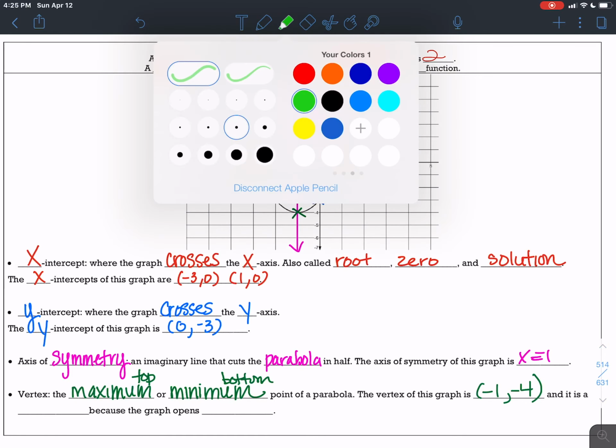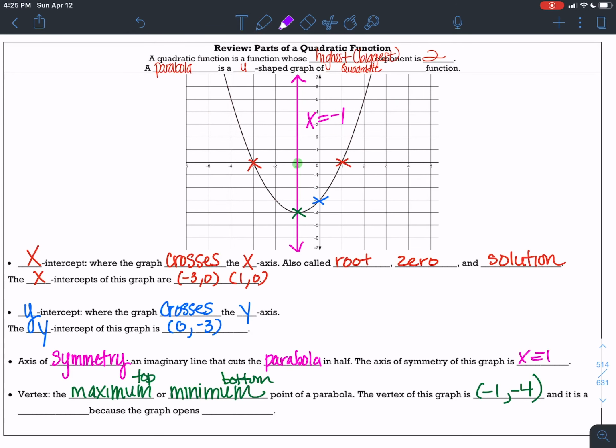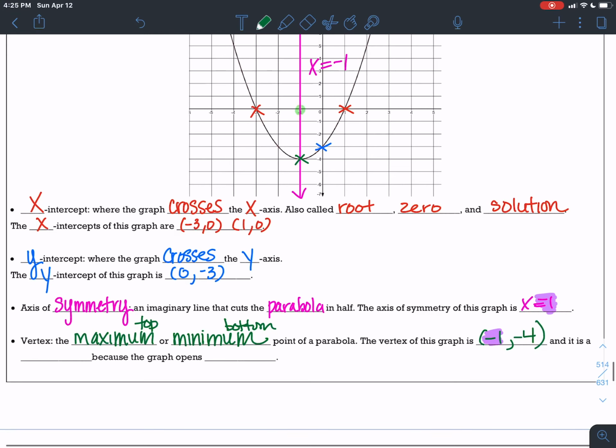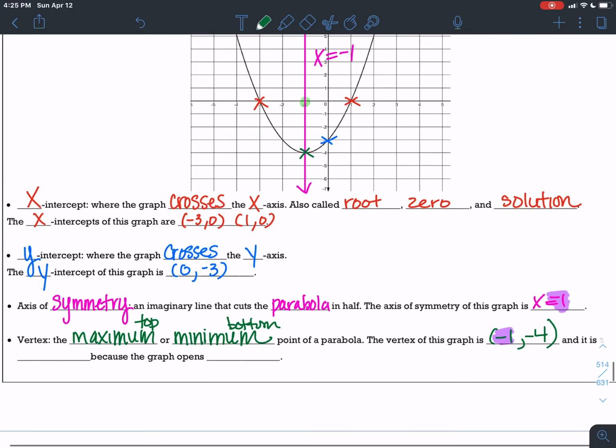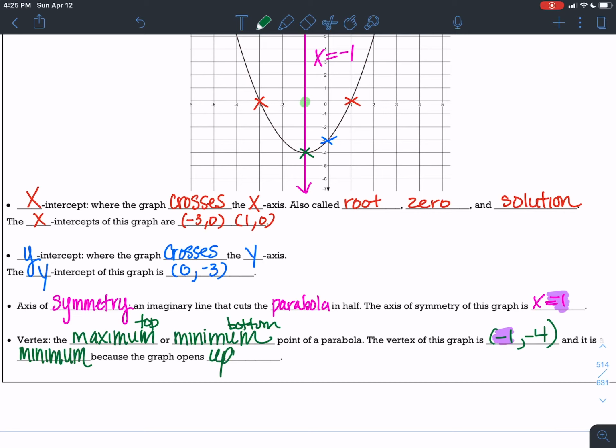Noticing that the x value for the axis of symmetry is the same thing as the x value for the vertex maximum minimum. This one is a minimum because the graph opens upwards.